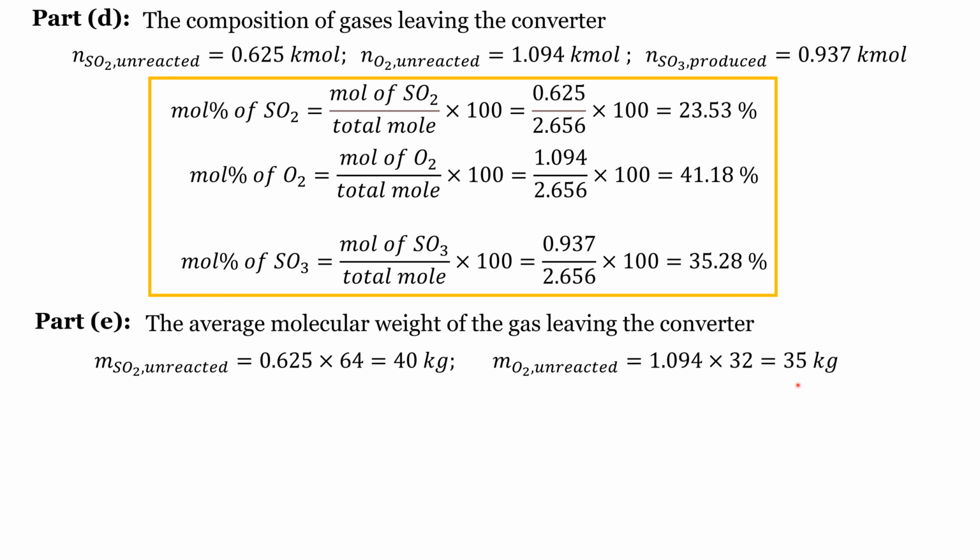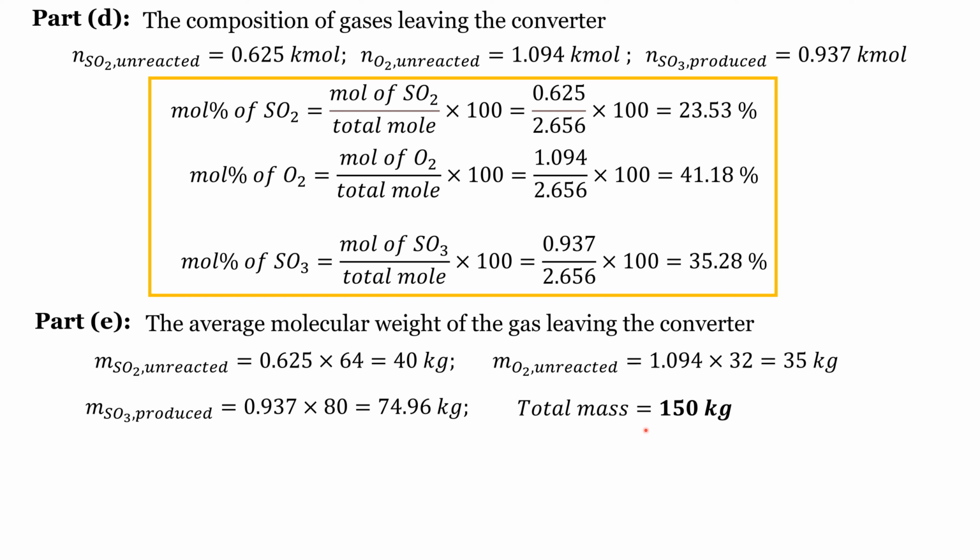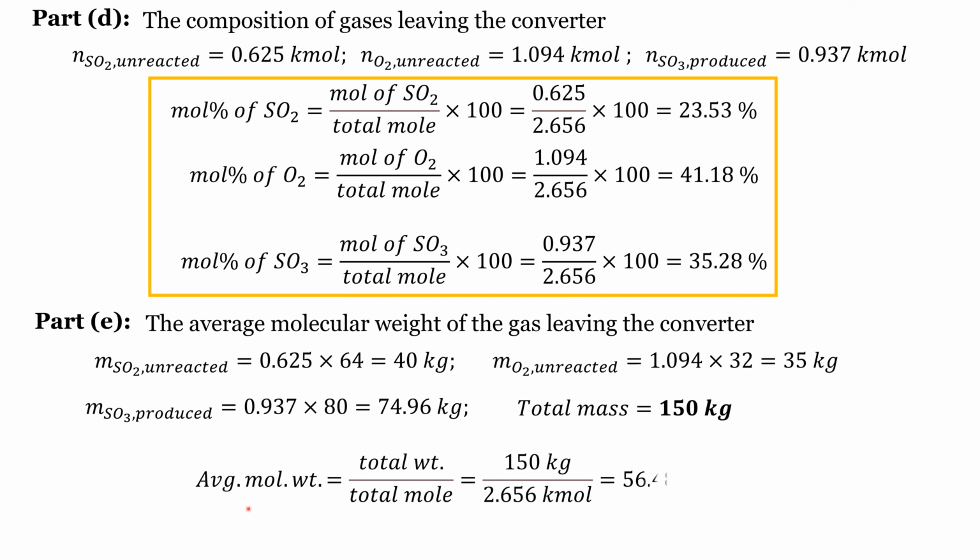It will come out as 35 kg. And the mass of SO3 produced will be equal to 74.96 kg. So the total mass will become equal to 150 kg. Now we can write average molecular weight equal to total weight divided by total moles. So it will come out as 56.48 gram per mole.